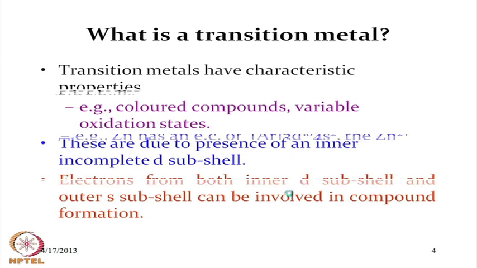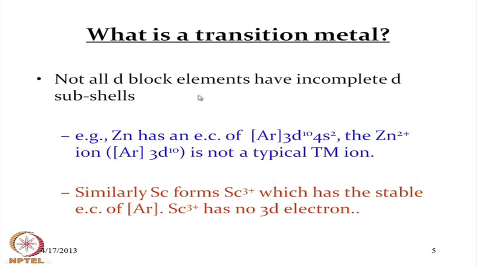So, not all d block elements have incomplete d subcell, that is why we have excluded scandium and zinc from the list, because zinc has an electronic configuration of argon 3d10. It does not have an incomplete d level, that is why we are not considering zinc in +2 oxidation state, that means bivalent zinc, as a typical transition metal ion.